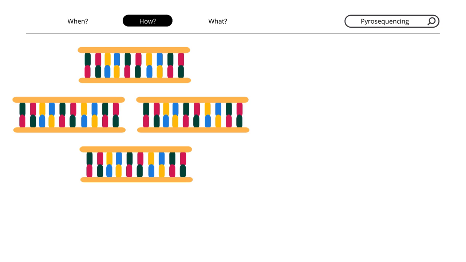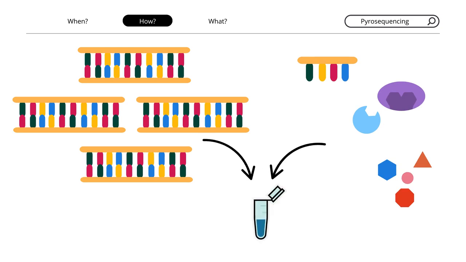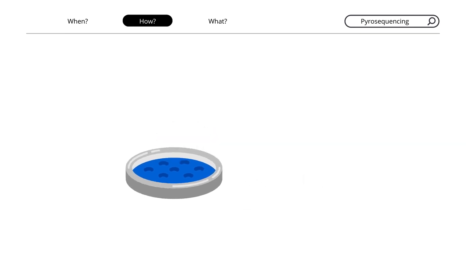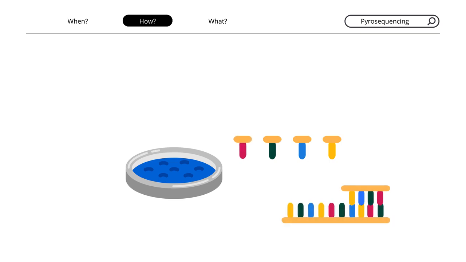First, it starts with DNA that is copied multiple times. The DNA is combined with many things including a primer, several enzymes, and substrates. One type of nucleotide is added at a time, an A, C, G, or T. If the added nucleotide is complementary to the base in the DNA strand, DNA polymerase will incorporate it, releasing a pyrophosphate.